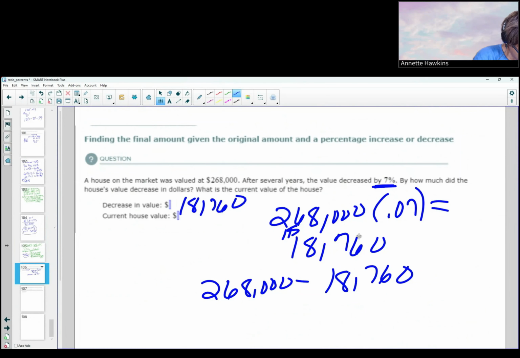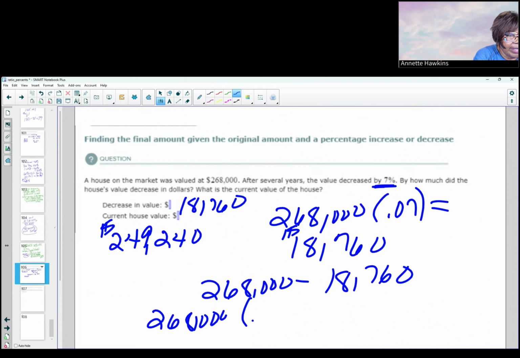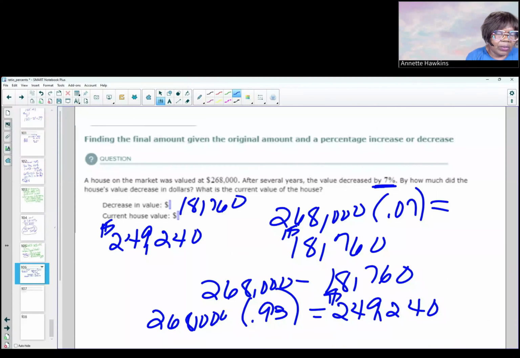So now it's valued at $249,240. Okay. So we could have said 268,000 times 0.93, and we would get 249,240. So there are different ways that you can look at these problems.